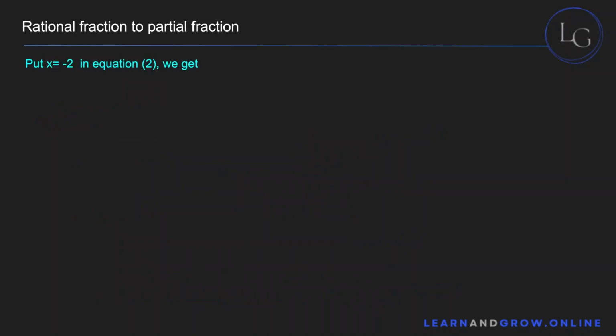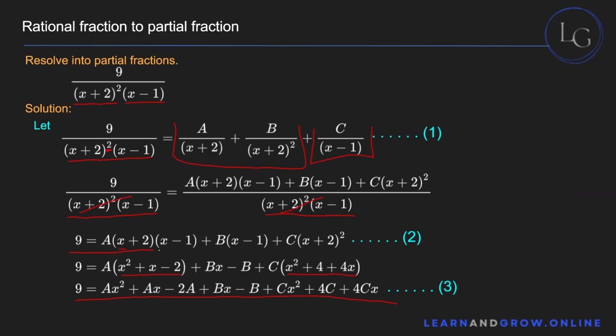Now, when you put x is equal to minus 2 in equation 2, what was equation 2? This was equation 2. So when you put x is equal to minus 2 in this equation, the variables among a, b, and c that are being multiplied with x plus 2 will be eliminated, because when you plug in minus 2 into the expression, x plus 2 becomes 0.